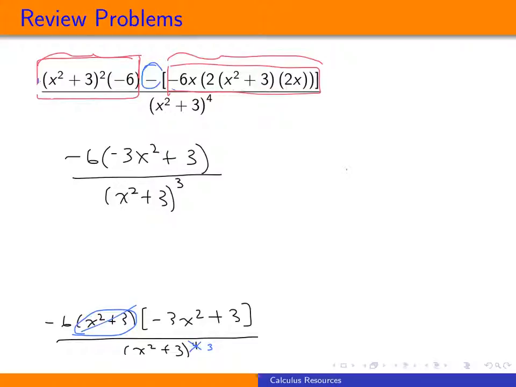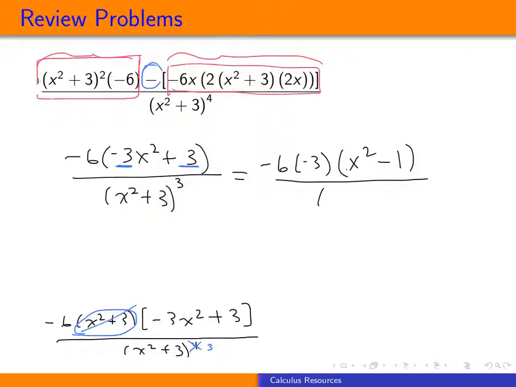And it looks like we can simplify it just a little bit more because we have that negative 3 there and that plus 3 there, so we can factor out a 3 or a negative 3. I'm going to factor out a negative 3, so we'll be left with negative 6 times negative 3. Factor out a negative 3 out of that first term, I'm left with an x squared. Factor a negative 3 out of a plus 3, and I'm left with a minus 1.